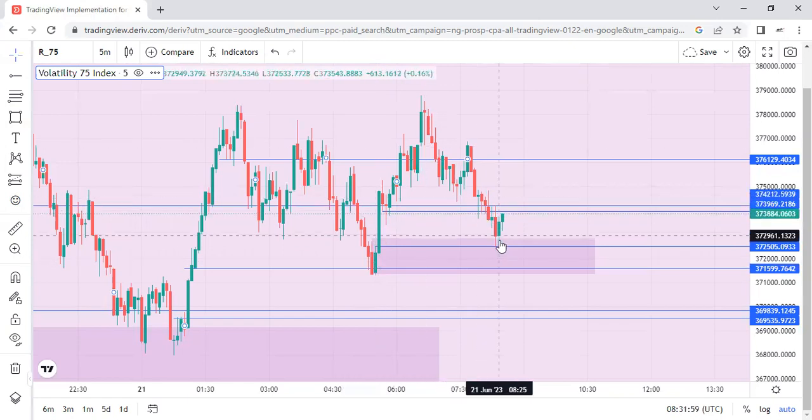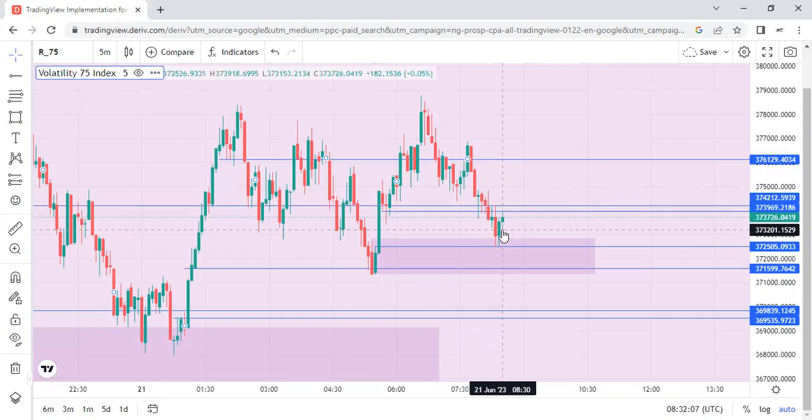As it retests, the next thing we want to look out for is a change of character. If market should break this candle right here, this bullish candle, and close above it, then we can consider it a change of character.